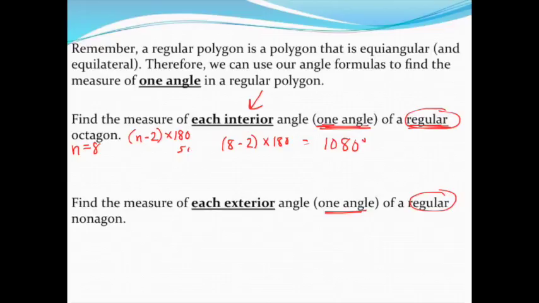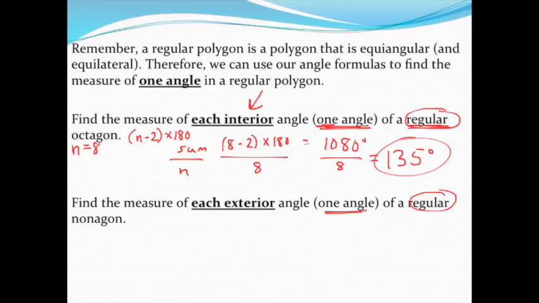I've got the sum that I figured out on top, but because this figure is regular and all the angles are equal, I should just be able to divide by n, the number of sides or angles, to get what each individual angle is. So they add up to 1080. There's 8 of them that are all equal to each other, so each individual interior angle should be 135 degrees.